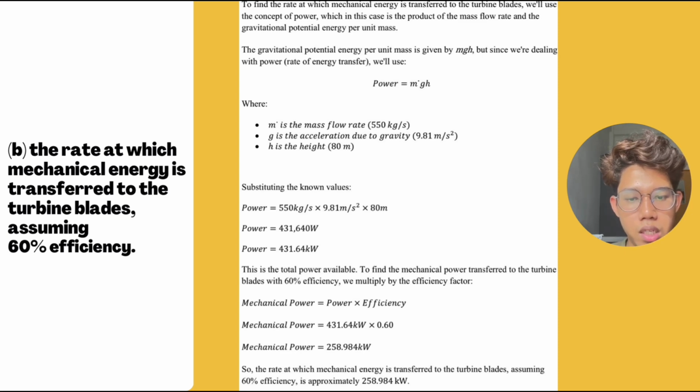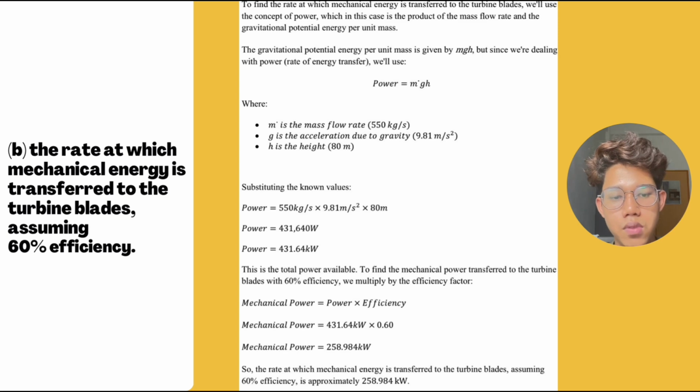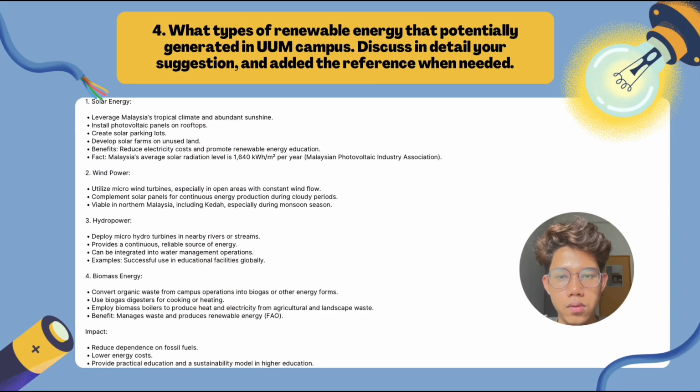So we will get the mechanical power to be 258.984 kilowatts. So the rate at which mechanical energy is transferred to the turbine blades, assuming 60% efficiency, is approximately 258.984 kilowatts.